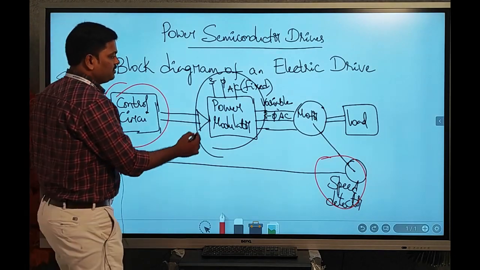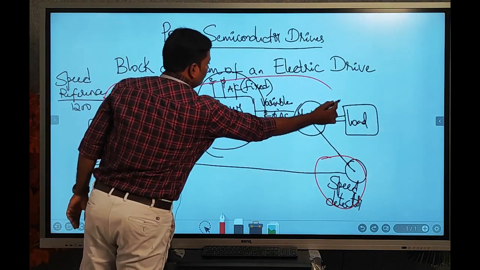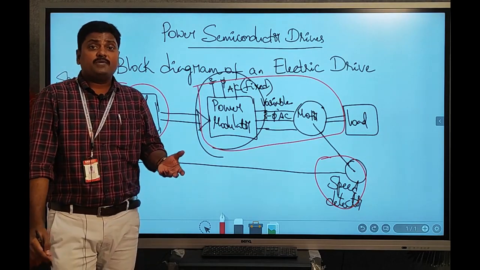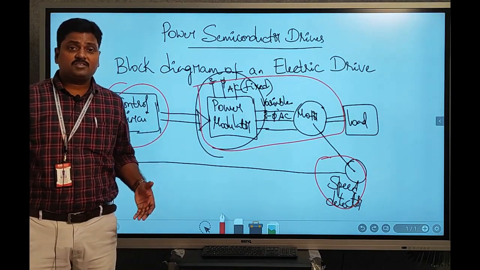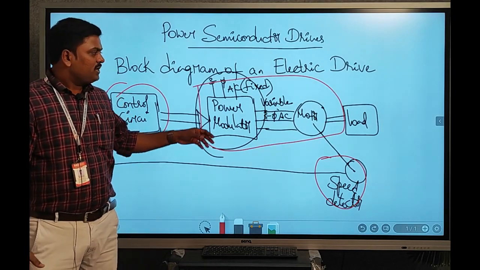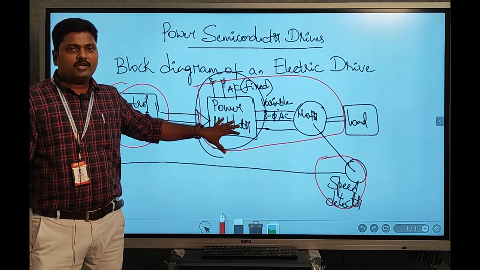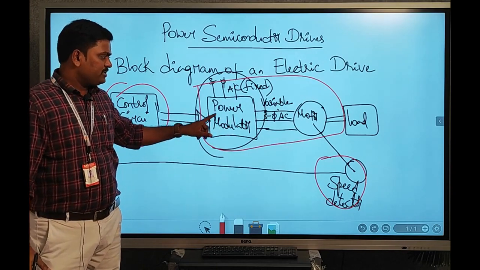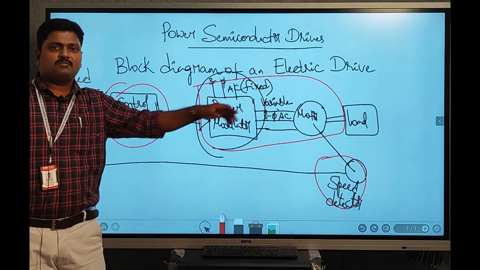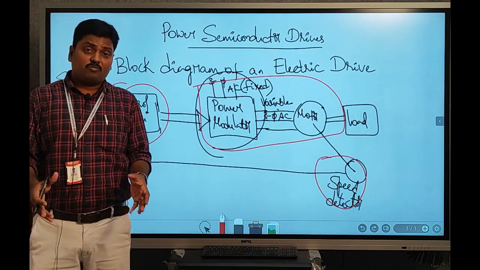But how about the power level of the motor and the power converter? Several hundred amperes, depending upon the size of the motor and the amount of load we need to supply. So several hundred amperes of current has to be carried through your power electronic switches and the motor. Motors, especially AC motors, are much rugged and robust in nature.